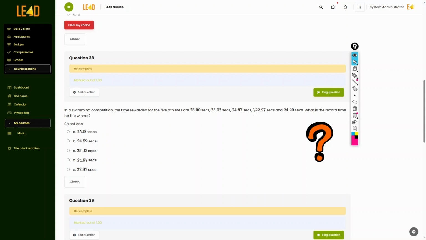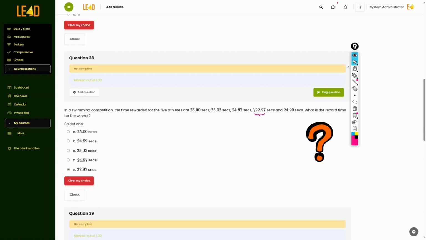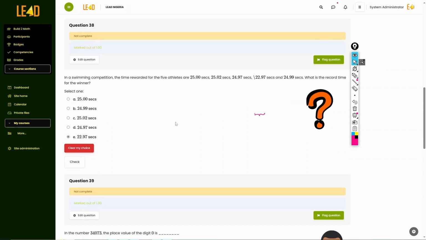So if we all go on a race, or we all swim, the person that gets there in the shortest amount of time, the smallest amount of time, wins the race. So in this case it is the person that arrived at 22.97 seconds. That's option E, 22.97 seconds.